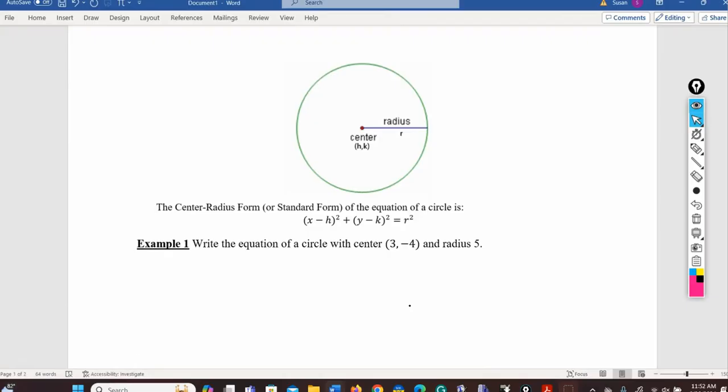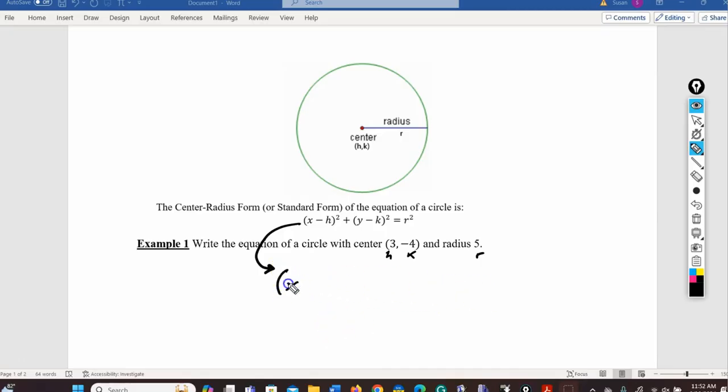So if we're going to write the equation, example 1, of a circle with center 3 comma negative 4, then we have our h and our k, and our radius r is 5.